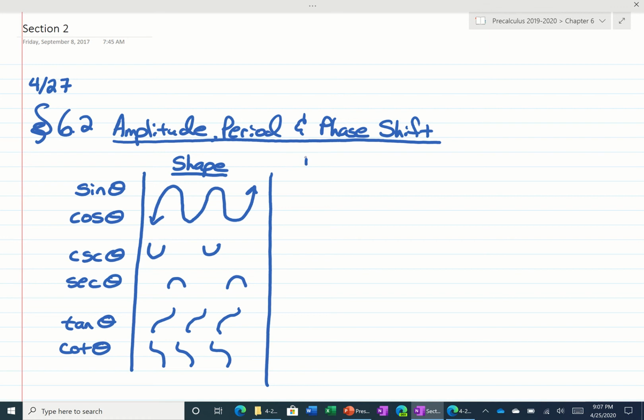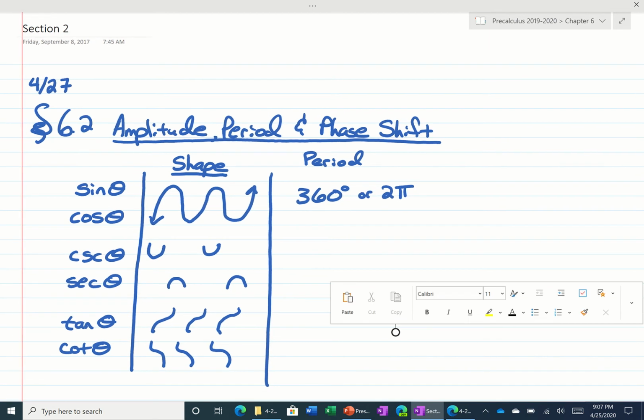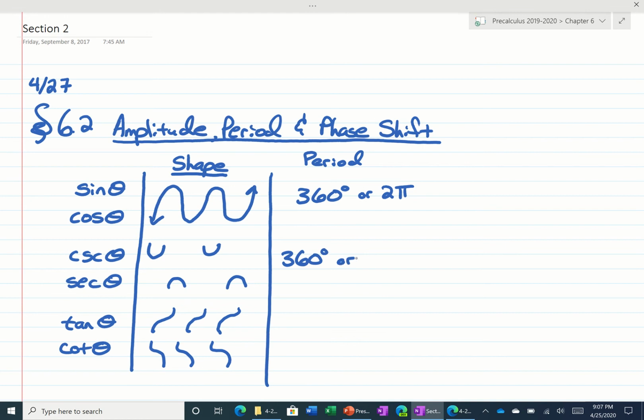As far as their period, sine and cosine have a period of 360, or 2 pi radians. Cosecant and secant have a period of 360 degrees, or 2 pi radians. Tangent and cotangent have a period of 180 degrees, or pi radians.